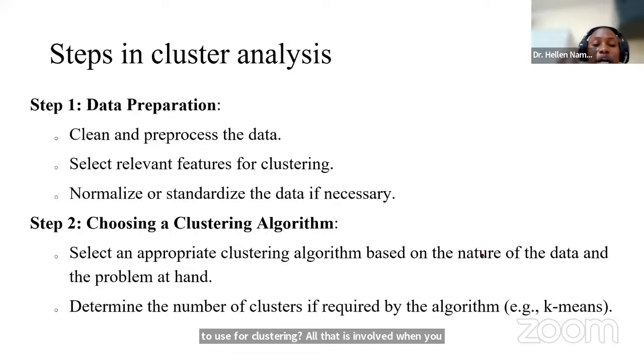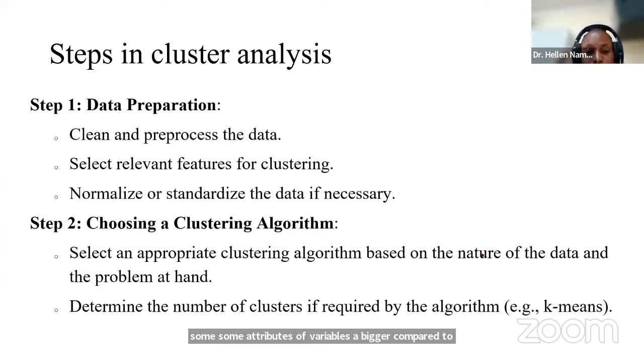And then remember, you're also supposed to normalize or standardize the data if necessary, because sometimes when you collect data, there's a lot of noise. Some attributes or variables are bigger compared to the others.